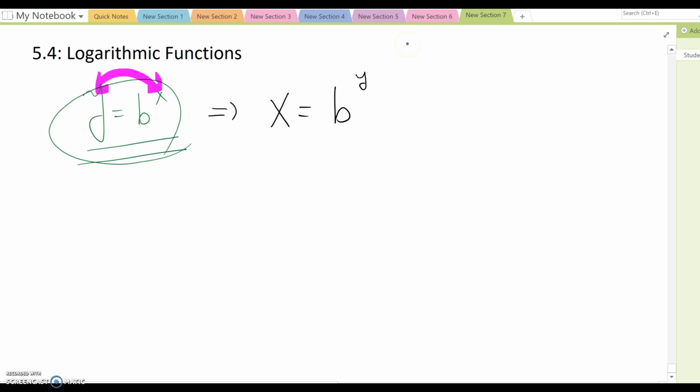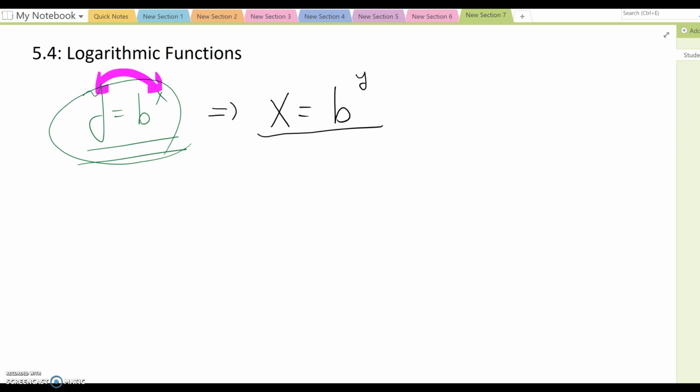Now we want to solve for y, but unfortunately it is impossible to solve for y as is. Fortunately, we have a tool which the Dutch mathematician John Napier developed, which was the logarithm. So I'm going to introduce how we define the inverse function of an exponential function.